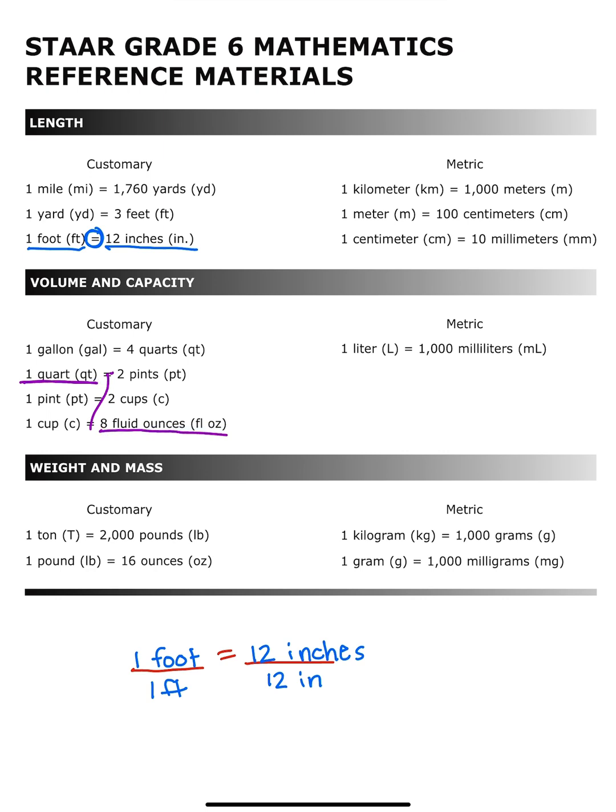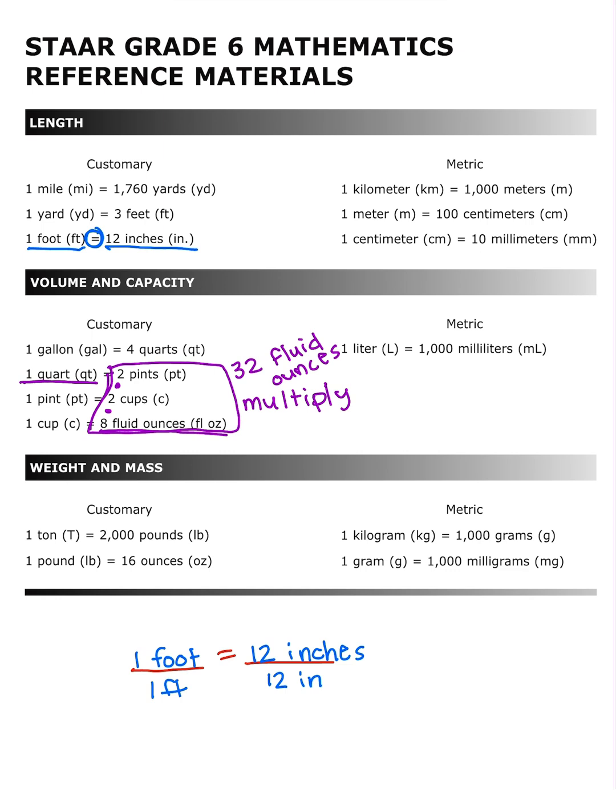In this situation, we would take all of these numbers on this side and multiply them. So we would do 2 times 2 is 4, and 4 times 8 equals 32, and it's 32 fluid ounces because that was the one we were trying to look for.